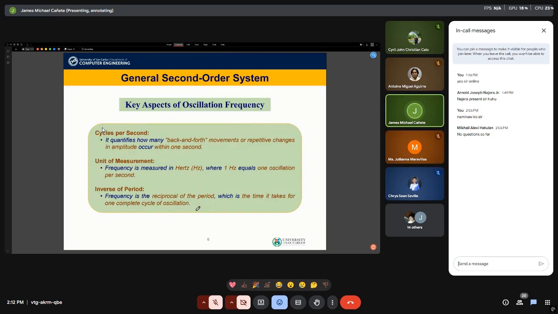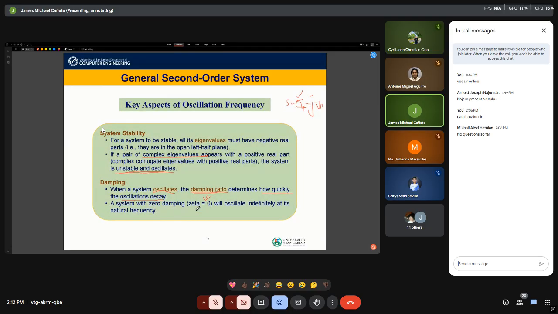So further terms here: cycles per second as it relates to frequency. The measurement here is hertz, and another relationship of frequency is the period. When we take the inverse of the frequency, we get the period, or the amount of time in which one complete cycle completes.